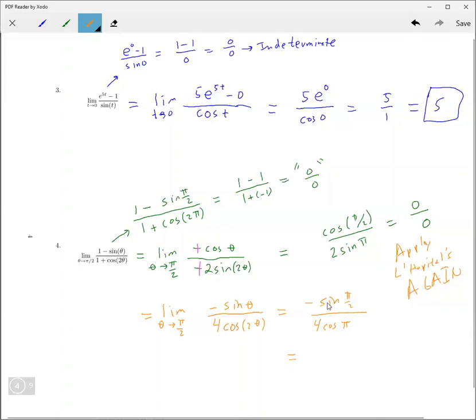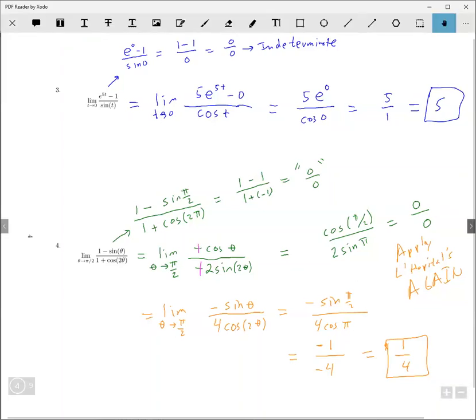Sine of pi over 2 is 1, and cosine of pi is negative 1, so that's going to be negative 4. Okay, so the answer is going to be 1/4. So this is applying L'Hopital's rule twice to get the result.